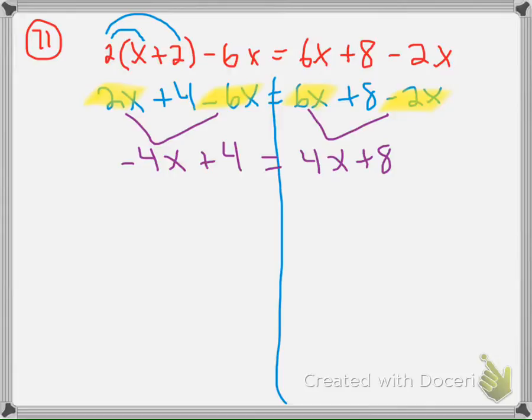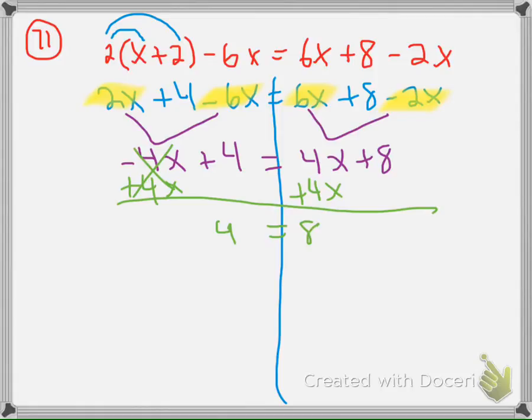Okay, now I need to get x to one side by adding. I'm going to add 4x so I don't have to deal with a negative there. So I'm left with 4 equals 8x plus 8. Now I need to get x by itself by getting rid of what's being added or subtracted.